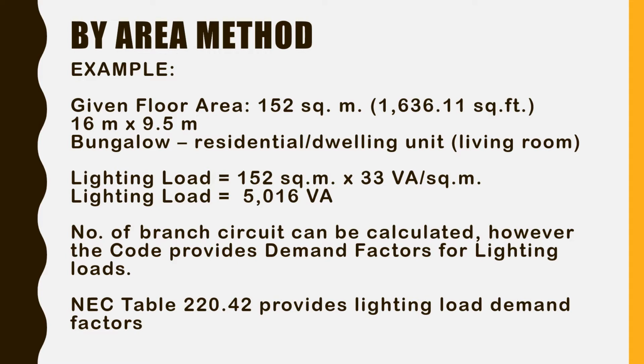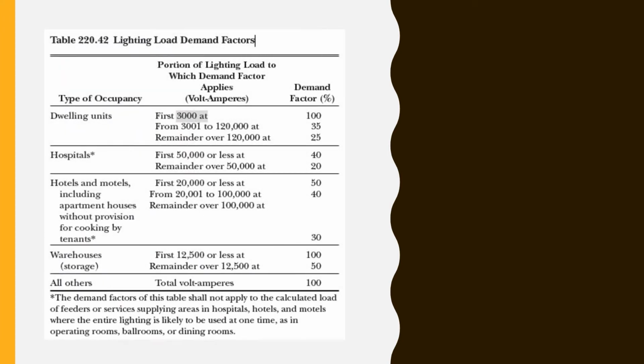NEC table 220.42 provides lighting load demand factors. So let us see. This is table 220.42, lighting load demand factors. It is mentioning for dwelling units, the first 3000 VA, you have to apply a 100% demand factor. For the next 3000 to 120,000 VA, you have to use a 35% demand factor.